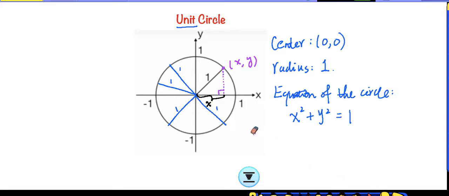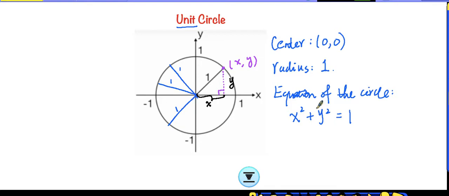Let's erase everything else so it's easy to see. And the vertical distance here is, of course, y. Since this is a right triangle, and we know all three sides in a right triangle follow the Pythagorean theorem, a squared plus b squared equals c squared, which is x squared plus y squared equals 1 squared, which is 1. Okay, so that's the equation of the circle.